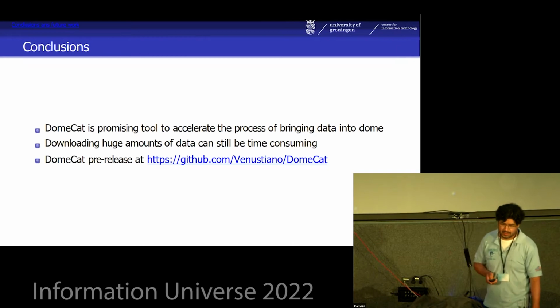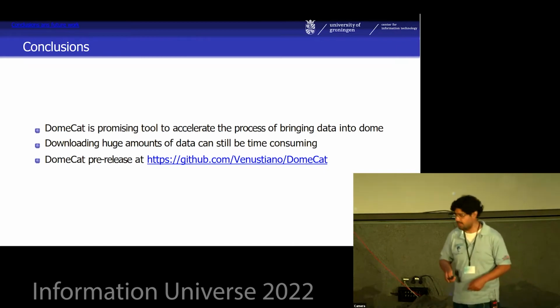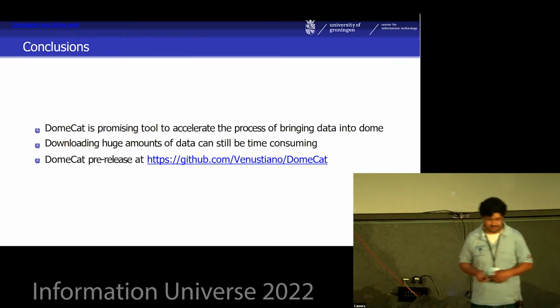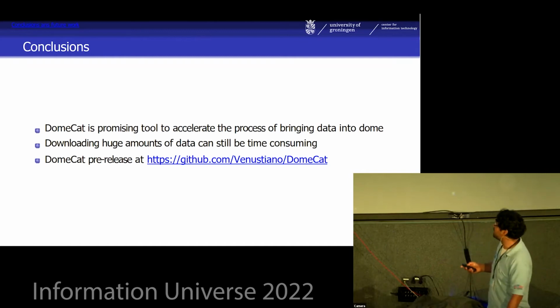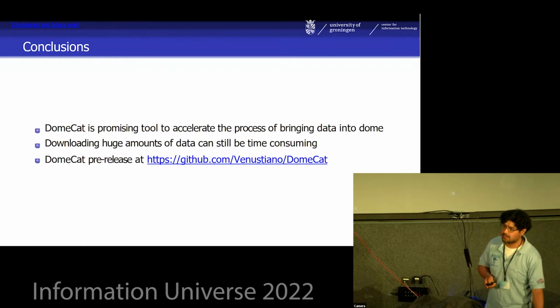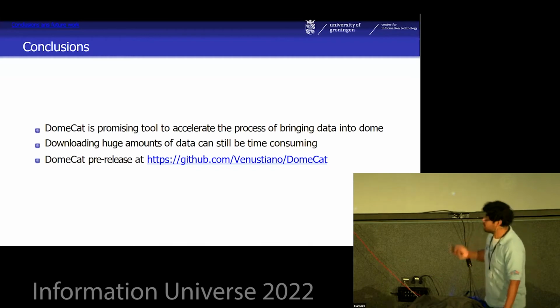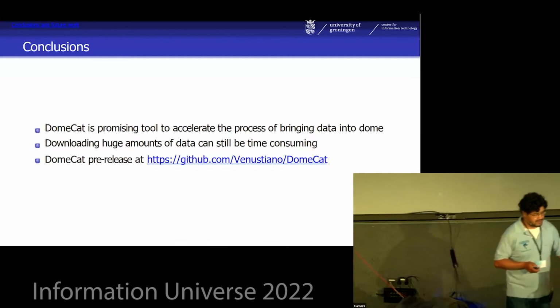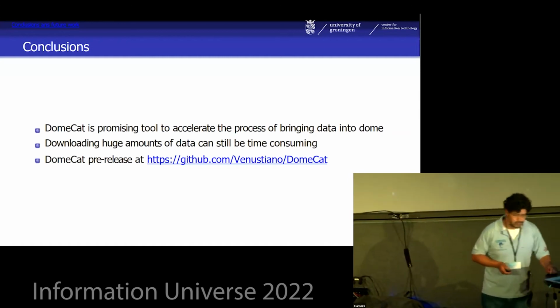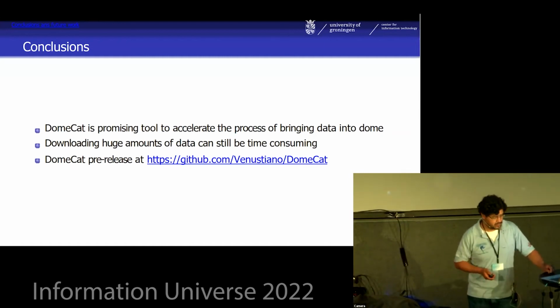So we have some conclusions, but after that, Rees will give additional information about some other data sets that we have downloaded from Euclid. The first conclusion is that we have developed Tomcat, and we think that it is a promising tool to bring data into the Dome.